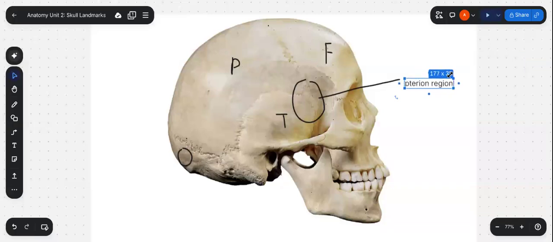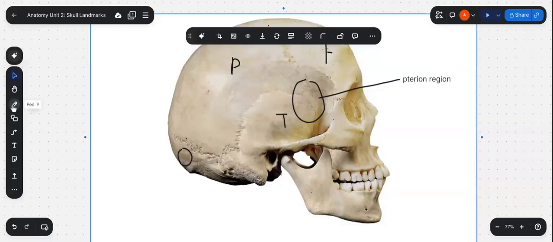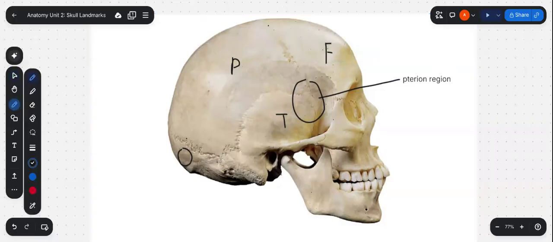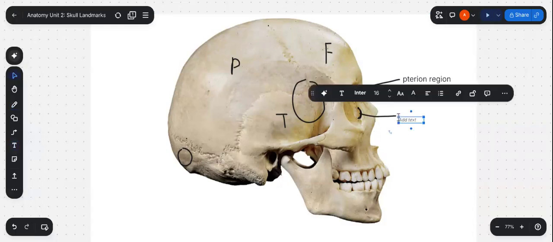Now we're going to move on to the eyes. So you have your lacrimal sulcus, which is this little indent that you can see over here. On the skulls, when you're actually holding them, it can kind of look like a hole sometimes, but it is meant to be an indent.